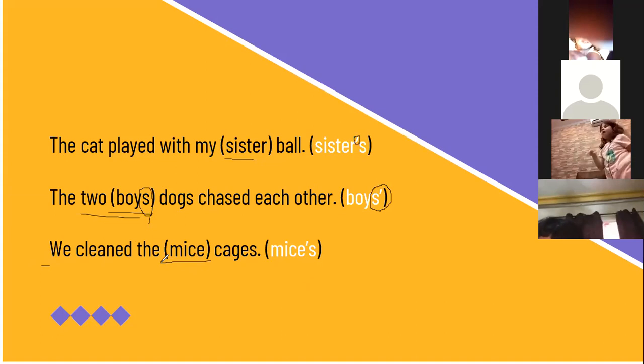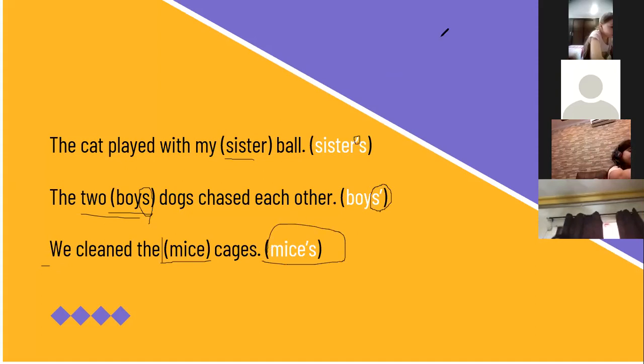Mice is plural. Bravo. What is the singular of mice? Mouse. Bravo. So the word mice, how do we change it to a possessive noun? We put an apostrophe before the S because it's a plural but without an S at the end. Understood? Yes.